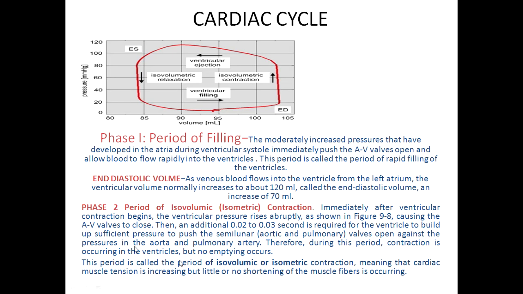Now there are 4 important phases of the cardiac cycle. Here you see the diagram. The first phase is ventricular filling, the second phase is isovolumetric contraction, the third phase is ventricular ejection, and the fourth phase is isovolumetric relaxation.